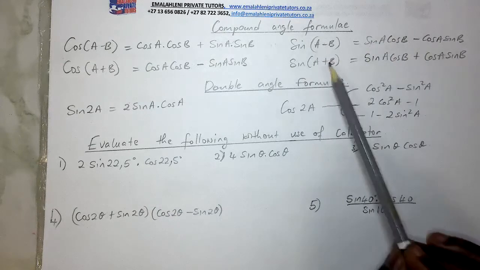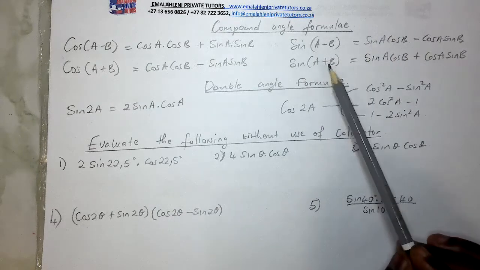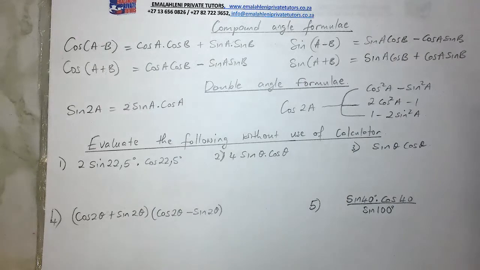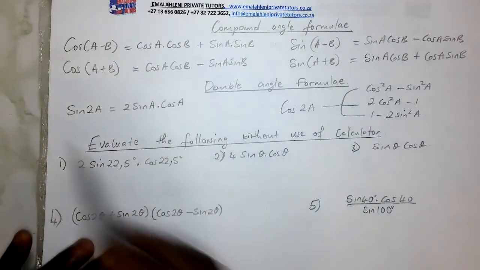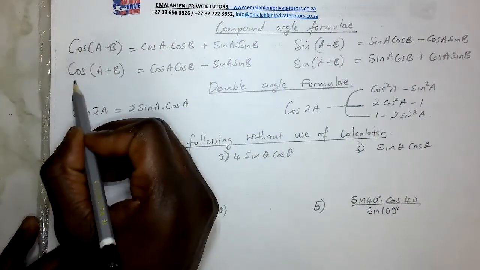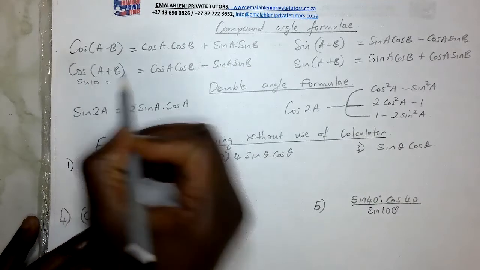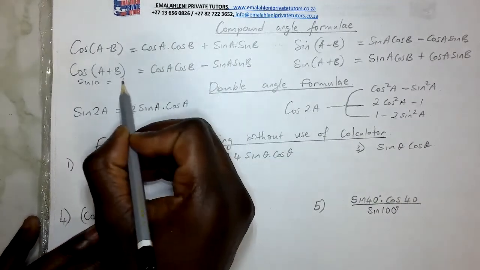So this expansion, where do we need it? We normally need it to simplify angles. For example, we can say sine 70 is equal to sine 60 plus 10, and sometimes we are given sine 10. In that case, it will be very easy to use your special angles. Here we are given that sine 10 is equal to, let's say, t.